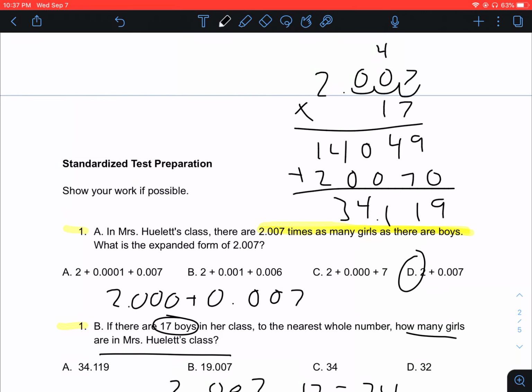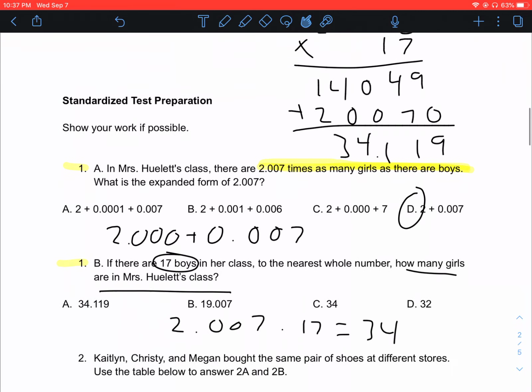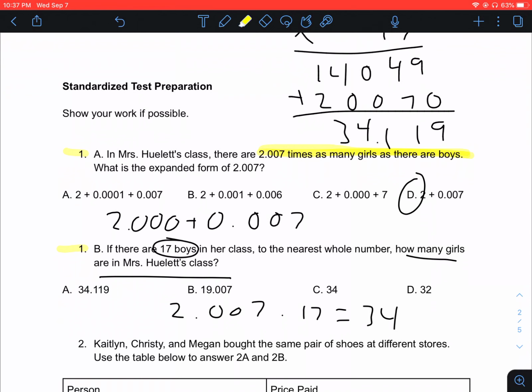And then we get 34.119, but it does say to round to the nearest whole number, so our answer choice is going to be C.